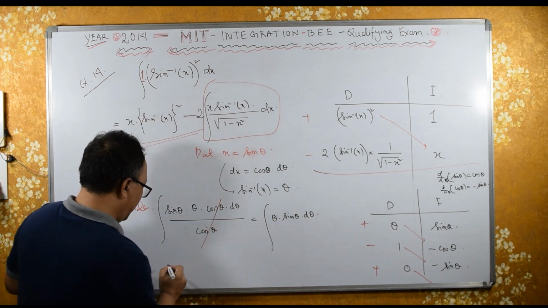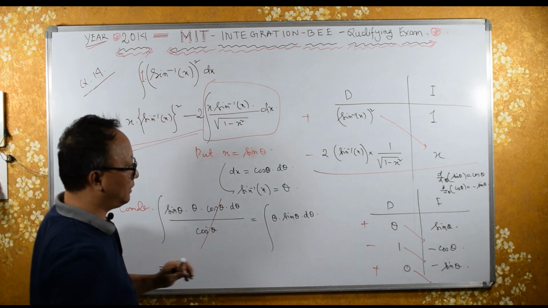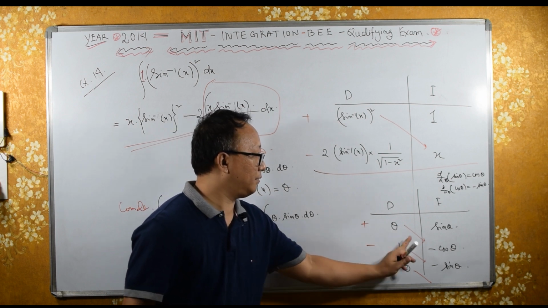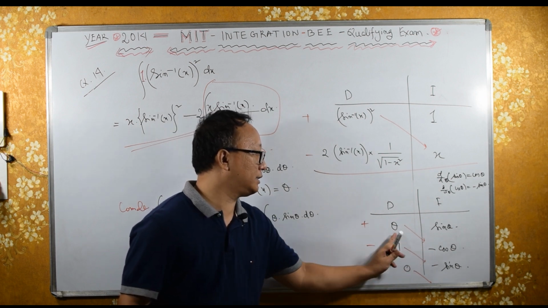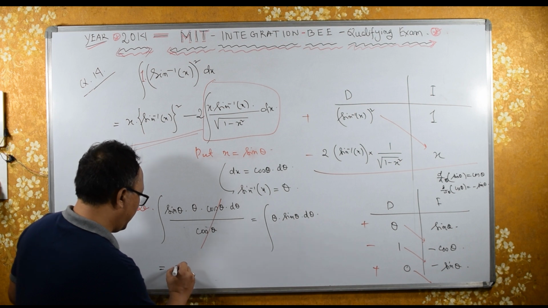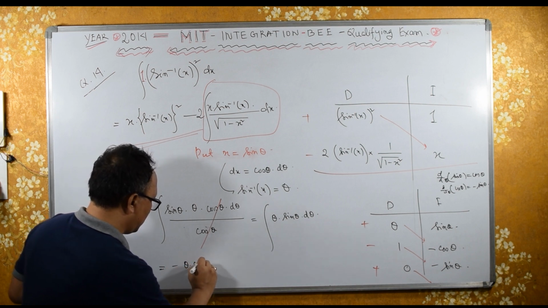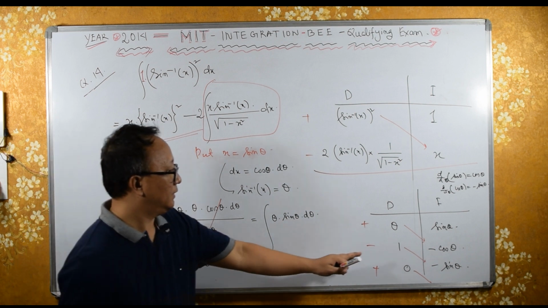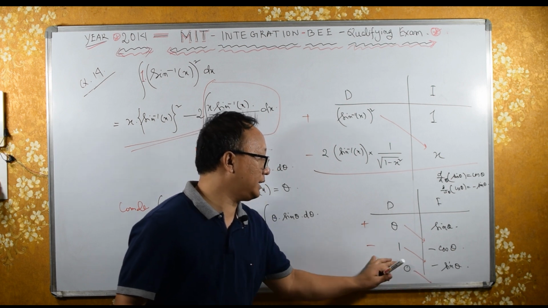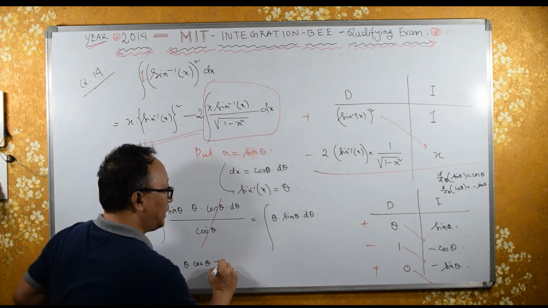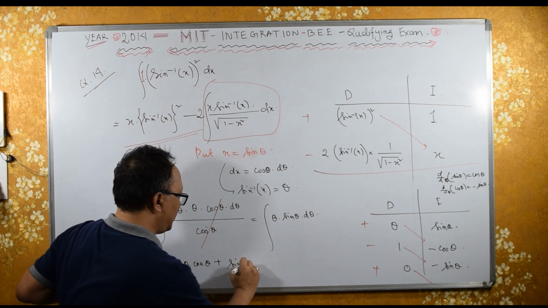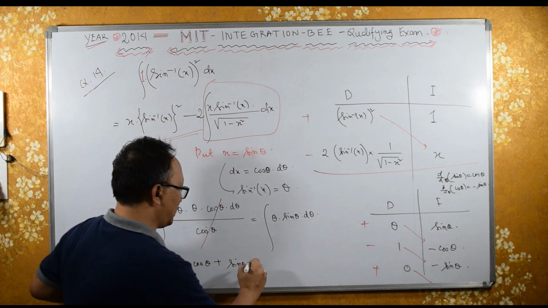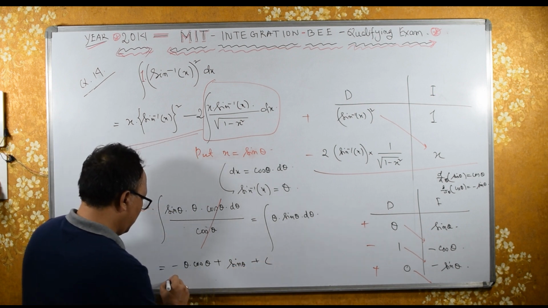Therefore this integral becomes minus theta into cos of theta, plus sine of theta, plus some constant c.